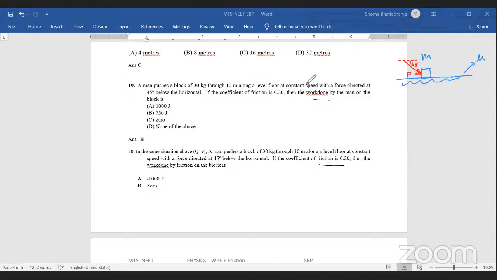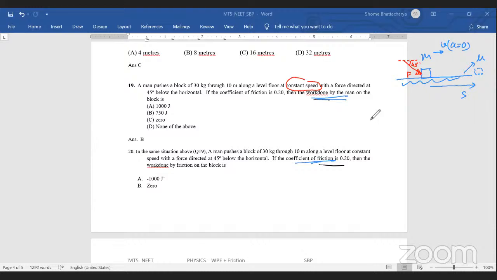And you're moving it with a constant speed. That means acceleration is zero. It's moving with a speed v, but at zero acceleration. And now the block displaces by a certain amount, s. So you have to calculate the work done by the force F and the work done by friction.